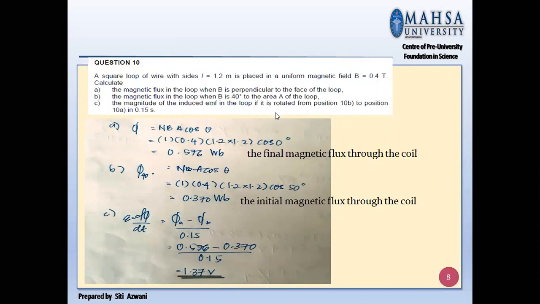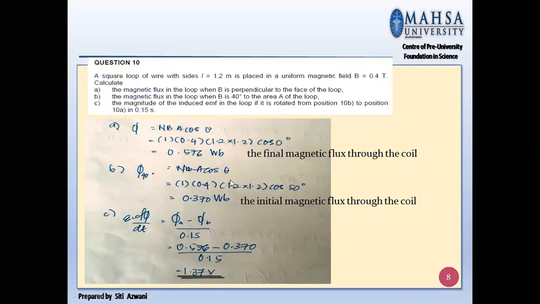Next question C, you want to calculate the induced EMF. You have a change in the magnetic flux from position 10B to position 10A in 0.15 seconds. So initial here and then you have a final.